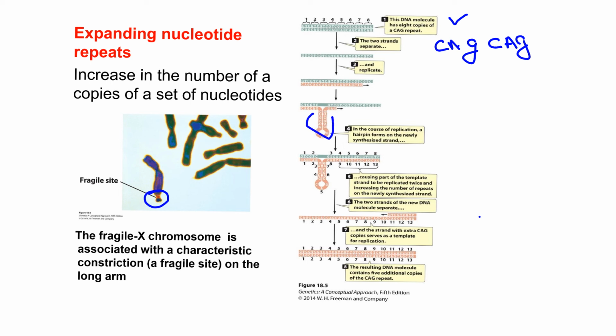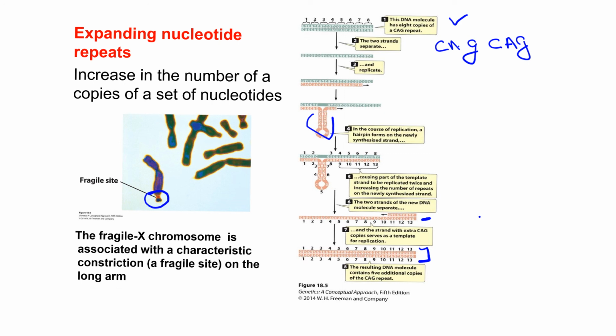If the new strand forms hairpins, the part of the template where the hairpin forms will be replicated twice and will increase the number of repeats on the newly synthesized strand. So when this newly synthesized strand, which has a higher number of repeats because of the hairpin formation, replicates the second strand, you will come up with a new DNA molecule which contains additional copies of the CAG repeats.